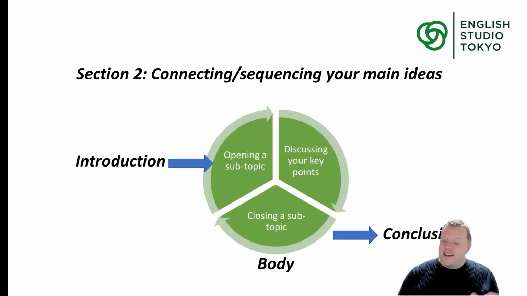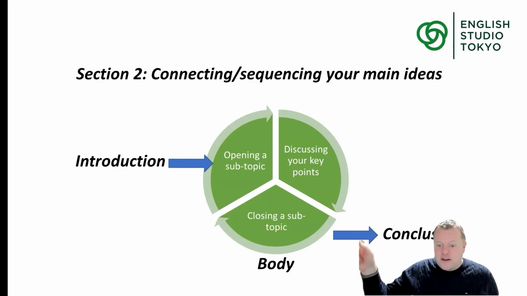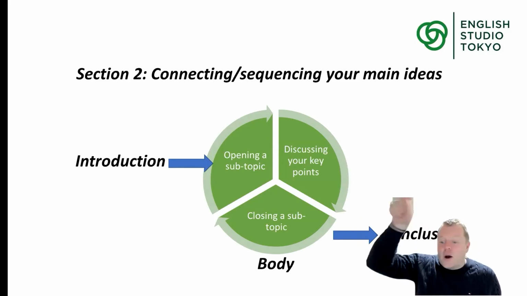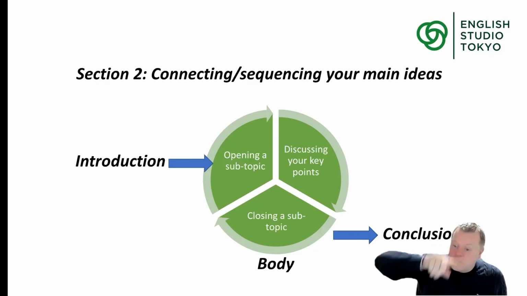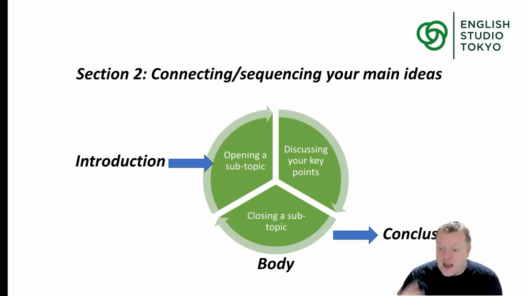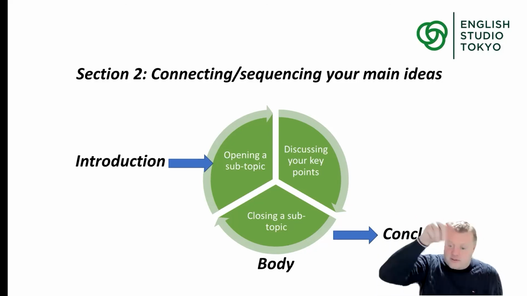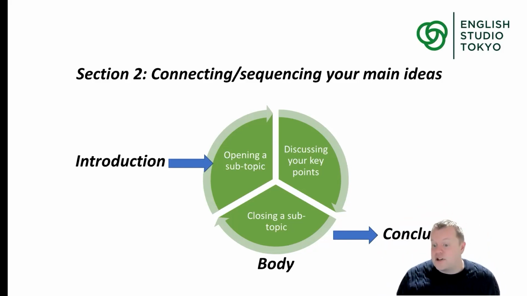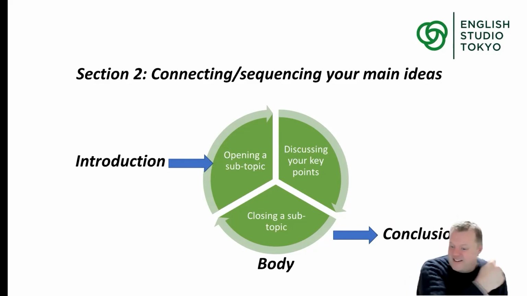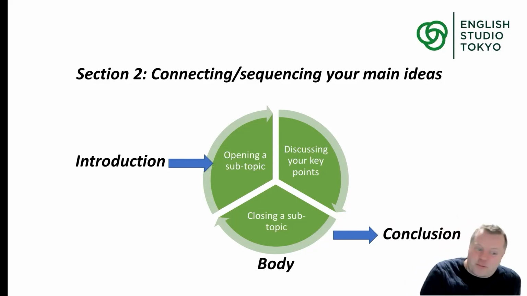So really, this is how we manage the presentation. We have our introduction coming in, and then we open the subtopic, discuss the key points, close the subtopic, and then we go around the circle maybe 3 times, depending on the number of subtopics. If we have 2 subtopics, then we go around twice, right? And when we finish the final subtopic, we get out with the conclusion, and that's the end of the presentation.